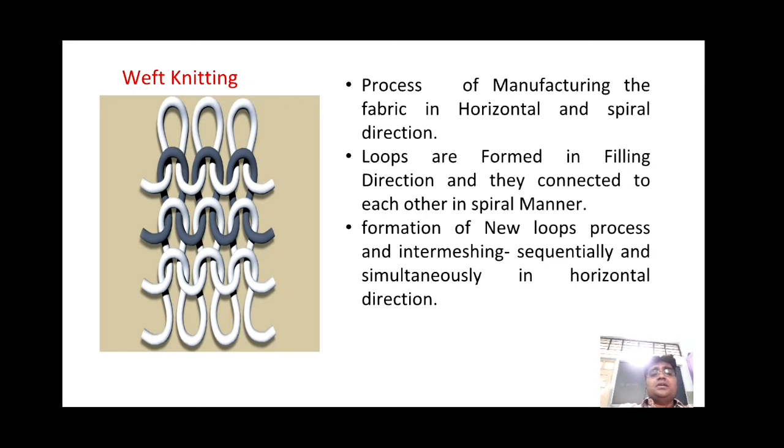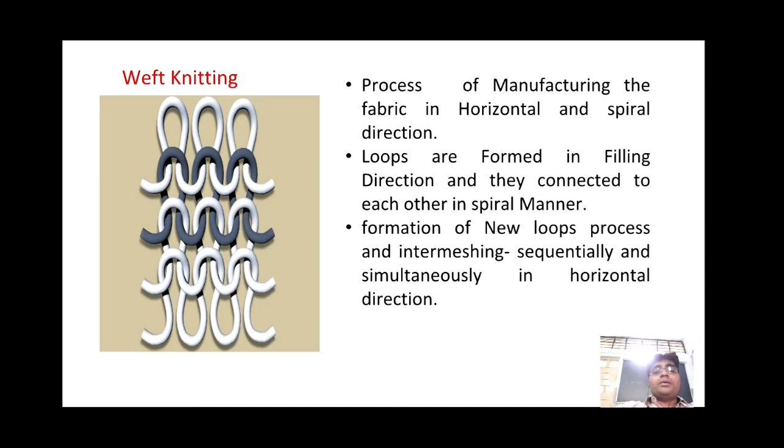Now if you look at this diagram, in this particular diagram, the diagram is more related to the video you have just seen. Here n number of loops are there and all those loops are connected with each other. So whatever structure you are seeing in the slide, that structure belongs to weft knitting.